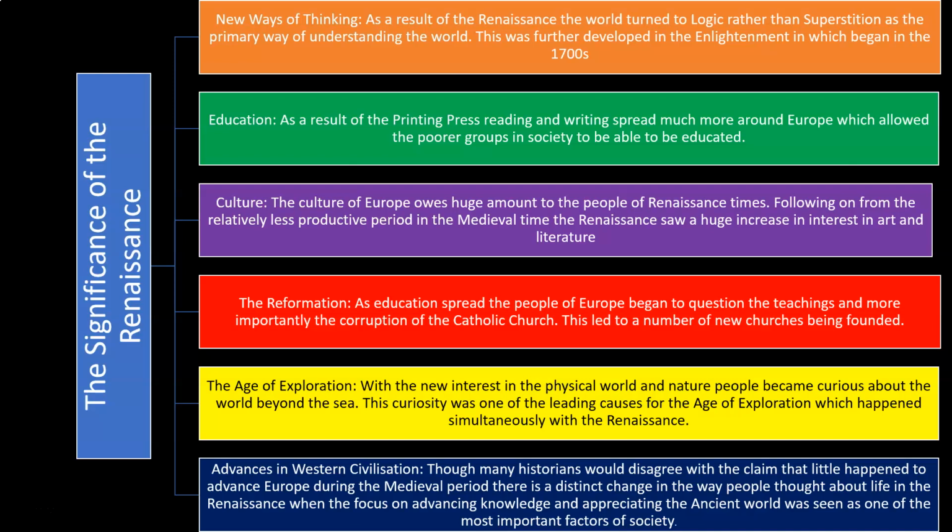It's the new way of thinking and a new interest in nature and the world that is one of the main causes of the Age of Exploration. Without the Renaissance and the new ways of thinking and a new curiosity about the world, we can question whether the Age of Exploration would have happened in the same way that it did.